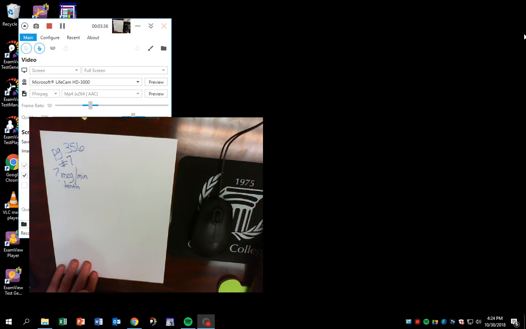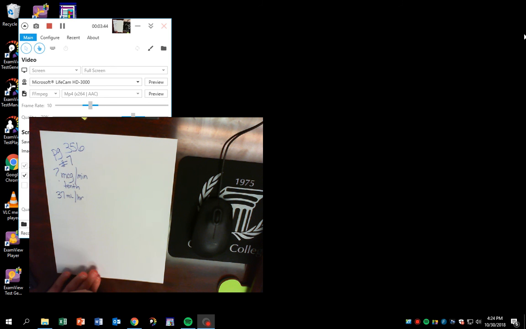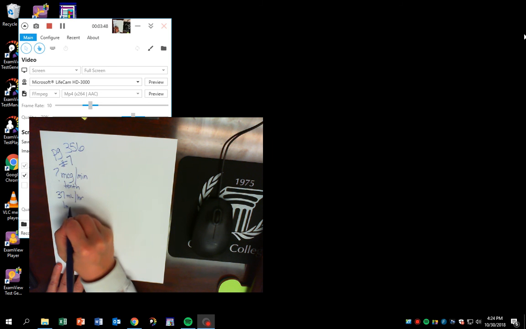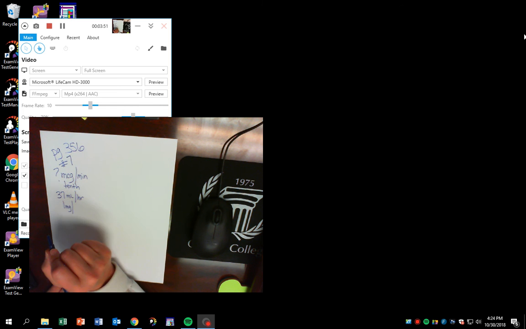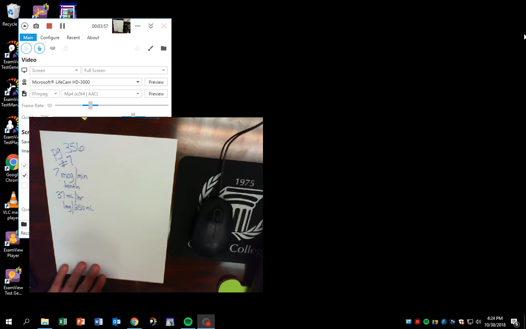Number 7 says an IV of epinephrine is infusing at 37 milliliters per hour. The IV bag contains 1 milligram in 250 milliliters of normal saline. And we want to calculate the micrograms per minute.